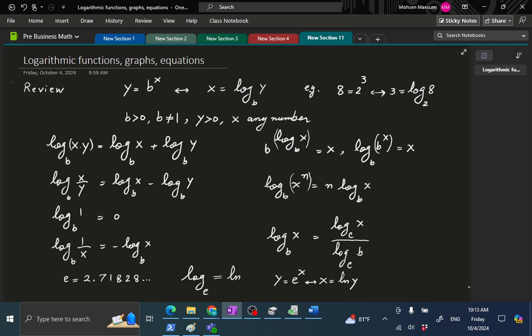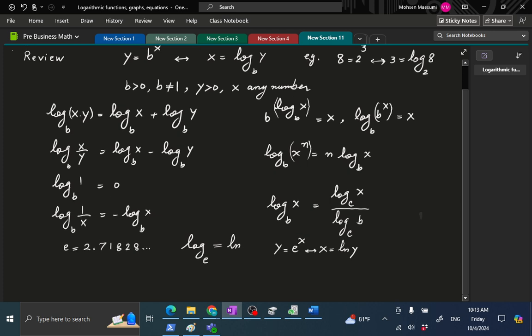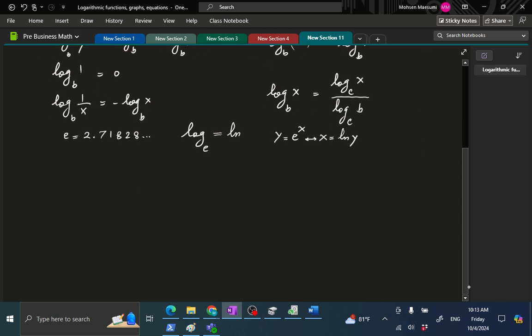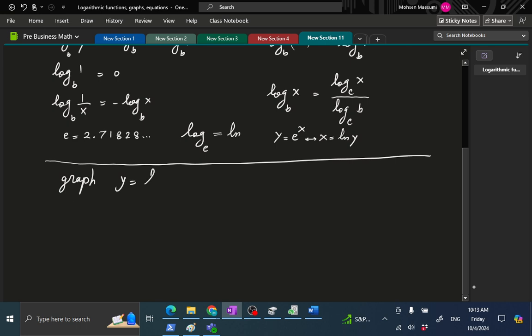Now we are going to go ahead and take a look at some graphs of this function. So next item up, say graph y is equal to logarithm of x in base 2.